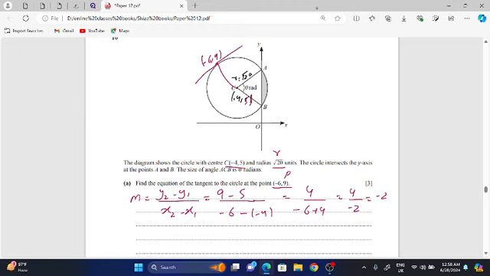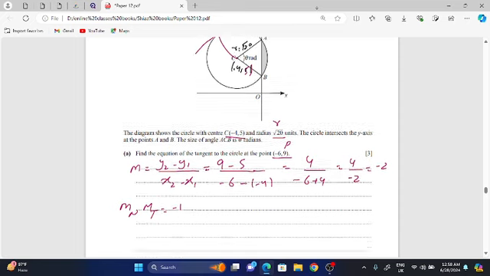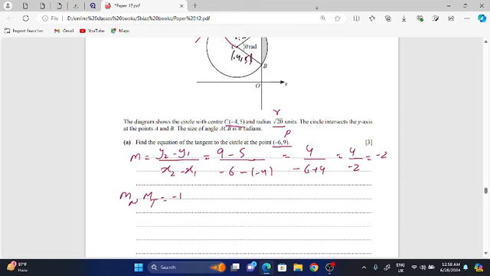I need to find the equation of the tangent. For that, I will use the fact that slope of normal times slope of tangent equals -1. That's the relation I usually use for finding the equation of a tangent. So I need to find the slope of that tangent. This is the slope of the normal, which is -2.